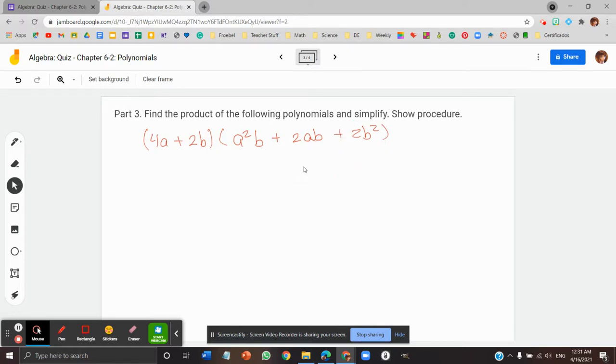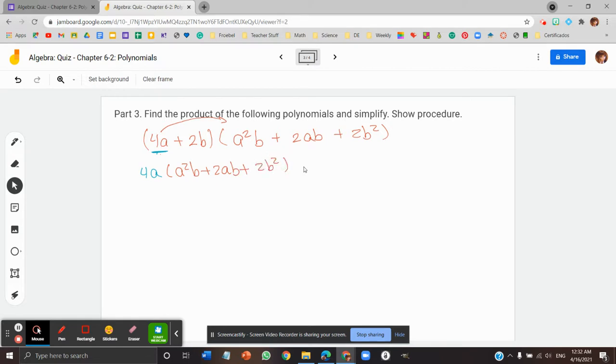So I'm going to have 4a, I'll do this in another color. This is going to be blue. 4a times the group, a to the second b plus 2ab plus 2b to the second.